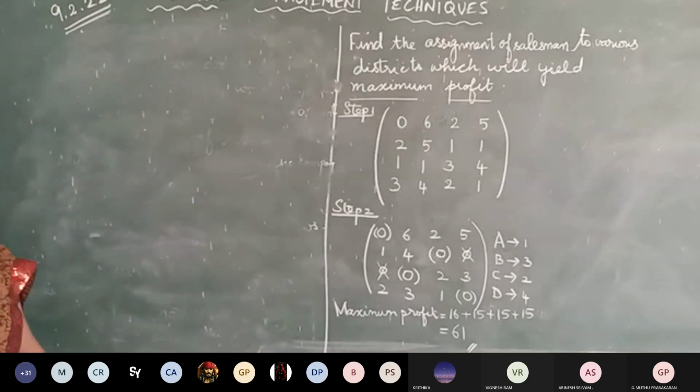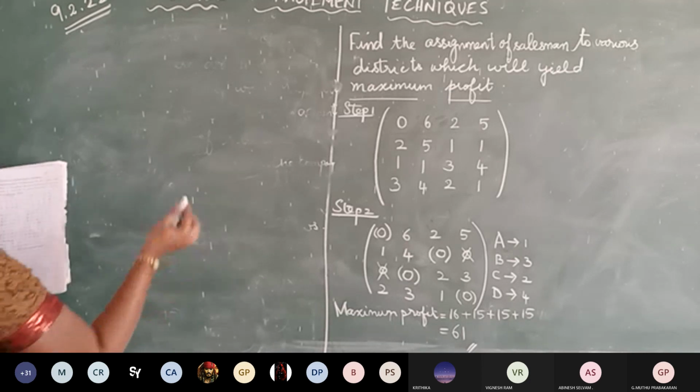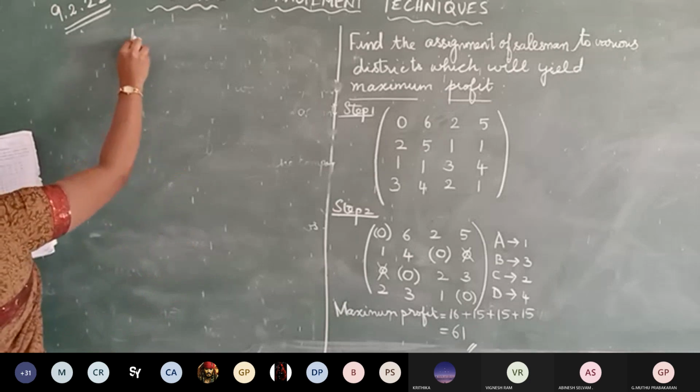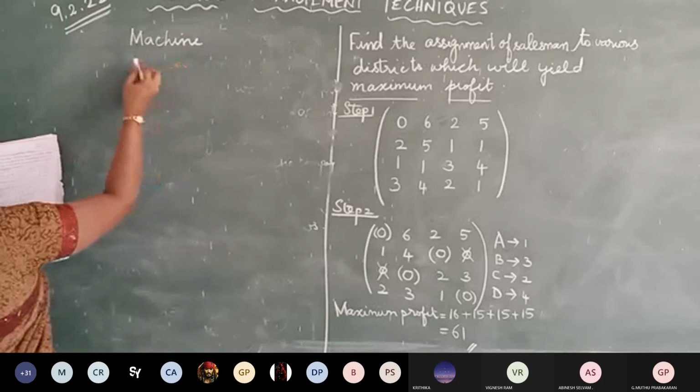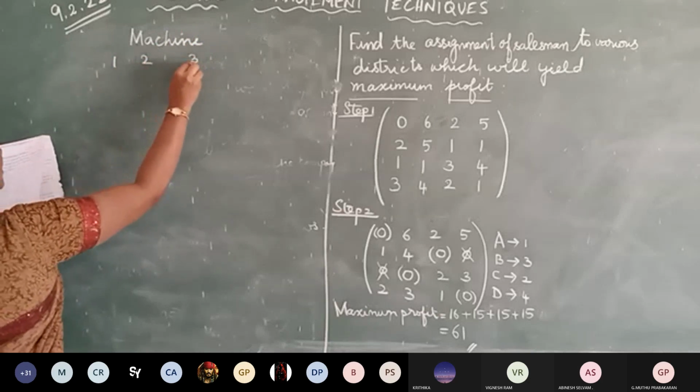One, write the question, solve the assignment problem. All using assignment problem. Find the minimum cost for this one. They have given you machine 1, 2, 3.